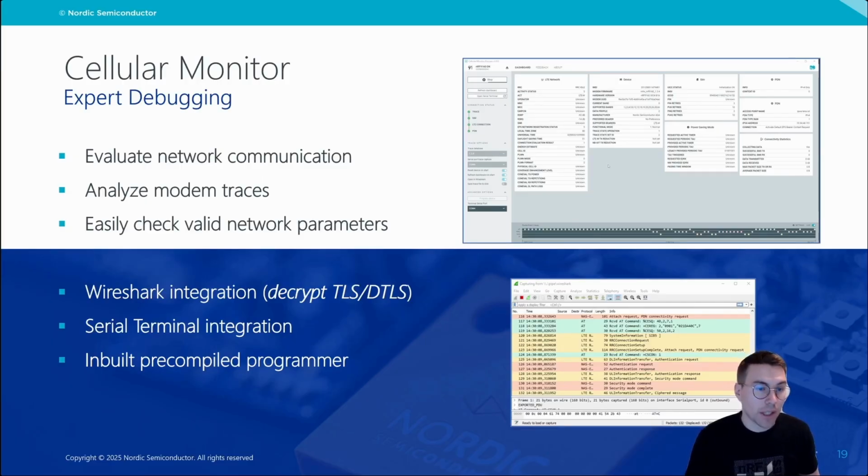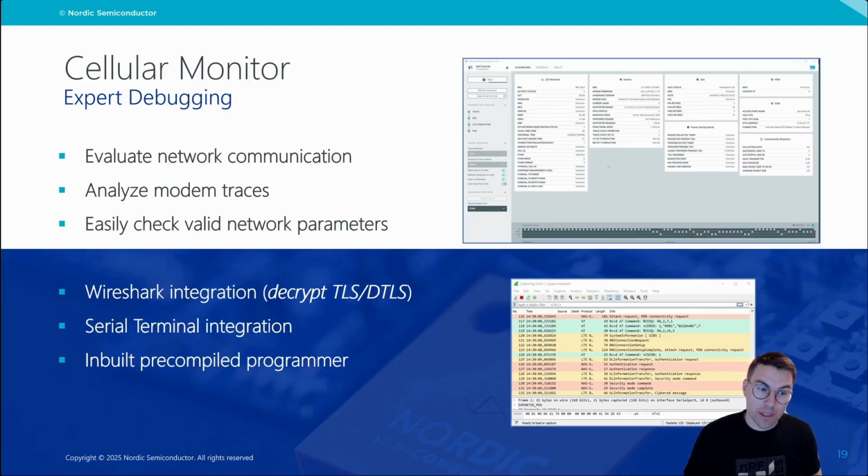So you can easily check valid network parameters through this tool, but we also have added on this Wireshark integration, which gives you a much broader logging opportunity. You can see exactly what's happening in the modem, and you can also, if you use a sec tag, decrypt TLS and DTLS communication with this tool.